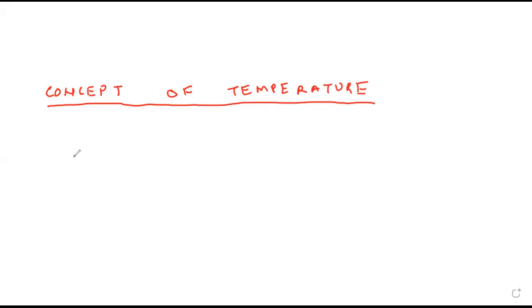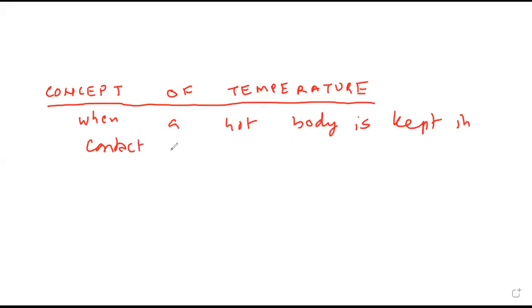Temperature. Yes. Now, when a hot body is kept in contact with a cold body, then we feel that the hot body will become less hot, because the hot body will supply heat.